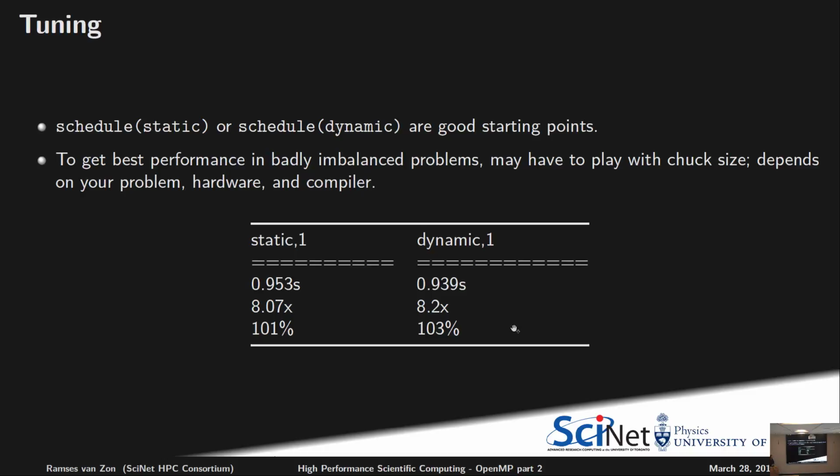The slides 2 years back would show this roughly reversed because the compilers were older and weren't able to do this scheduling as efficiently, so the dynamic would tend to lose out. The dynamic scheduler in modern OpenMP implementations has improved, and so it tends to win, but again, you don't really know what happens.